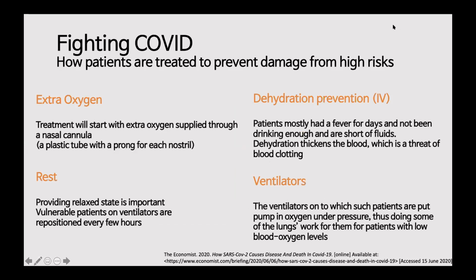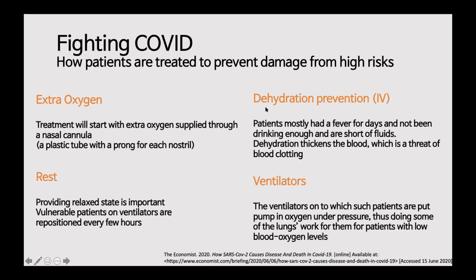If you're infected with COVID and taken into hospital, the doctors will give you extra oxygen and give fluids to prevent dehydration. So these are the two major things that the nurses are going to do for you. They'll put in a nasal cannula, a plastic tube, to provide you with extra oxygen because the ACE2 is damaged.